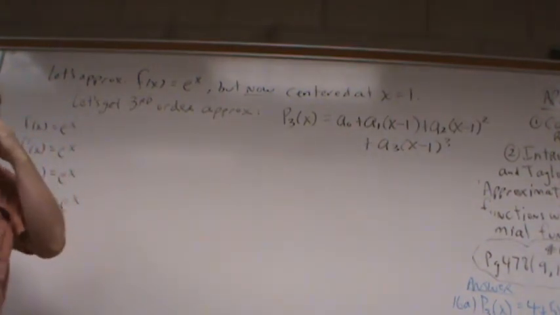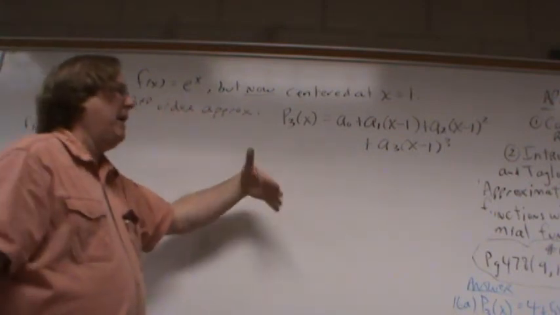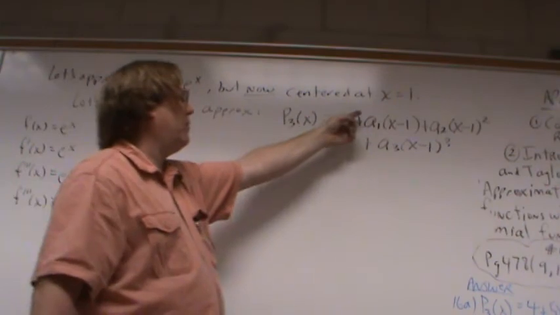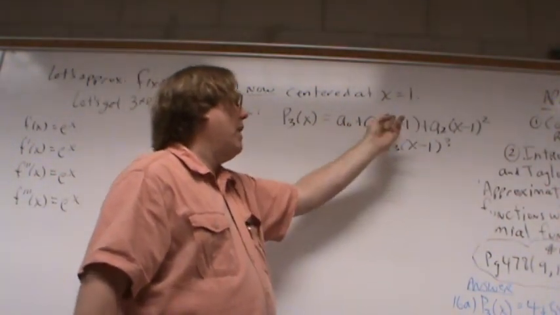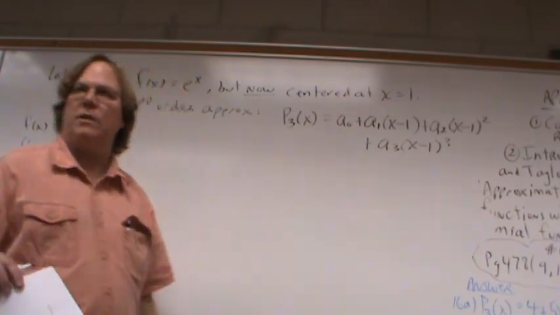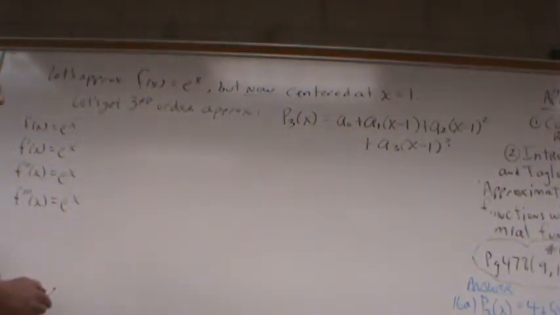You see what I mean? So that's the last conceptual thing. I want you to get used to the fact that if they want an approximation centered somewhere other than 0, then all of your x terms have to be x minus whatever that new center of approximation is.